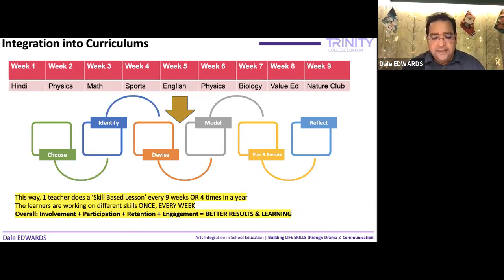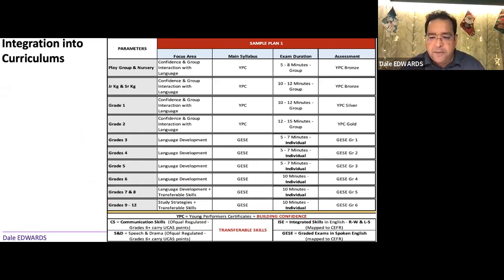So this is something to think of. By the way, there are 3 plans over here. Don't worry, you might not be able to see too much of it, probably because it's a little crunched, but I am sending this to you as a document. Essentially there are 3 types of plans for how to integrate it into schools.